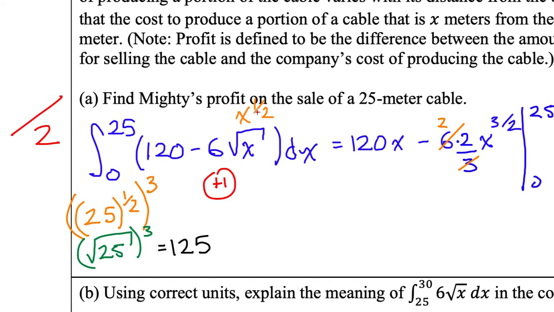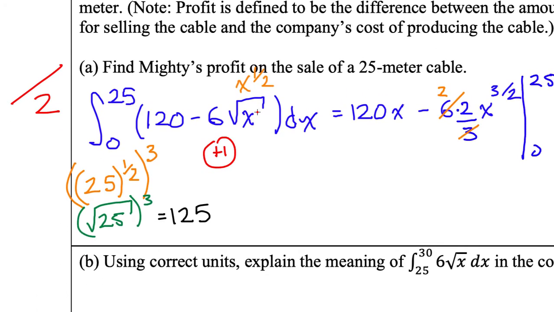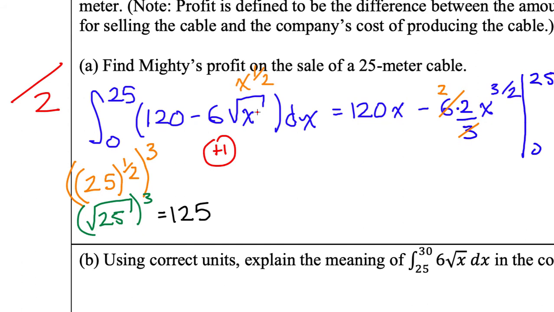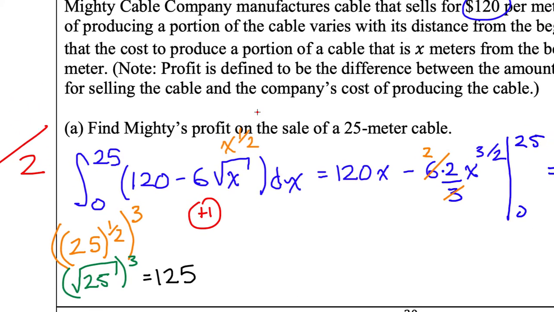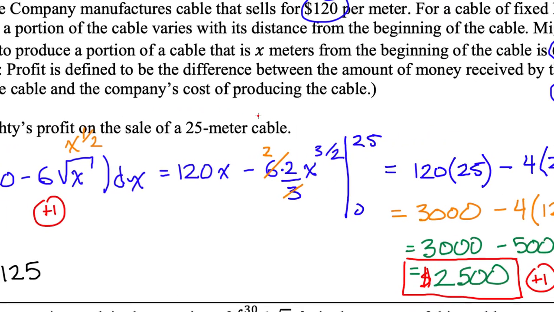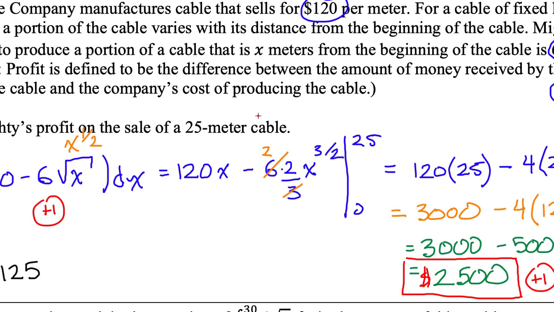Claire, how'd you do on part A? I got the integral part right because I knew that I was supposed to do an integral, but it didn't really make sense to me. Because the way I was thinking about this is you automatically know how much it's going to cost, so you just plug in 25 for X, like on the 6 times the square root of X. I don't really understand why we have to do the integral of that.